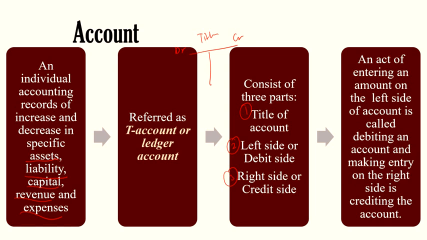An act of entering an amount on the left side of an account is called debiting an account, and making an entry on the right side is crediting the account. Okay, faham tak? Bila kita masukkan figure di sebelah kredit ni, kita cakap we are crediting the account.